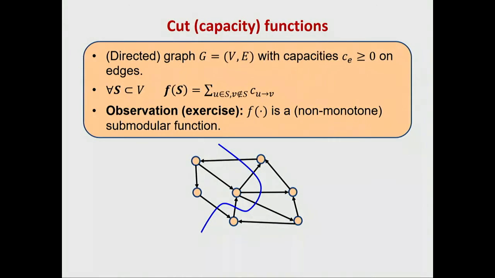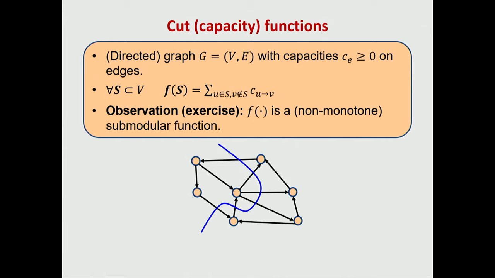Here is a non-monotone submodular function, which is very important. This is the cut capacity function. So you have a graph, directed or undirected, with capacities or maybe an unweighted graph. And then you give me a subset of the vertices, and the function measures the size of the cut, or the capacity of the cut, of this subset of vertices.